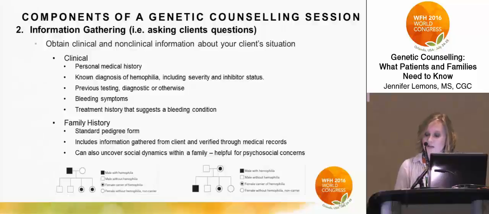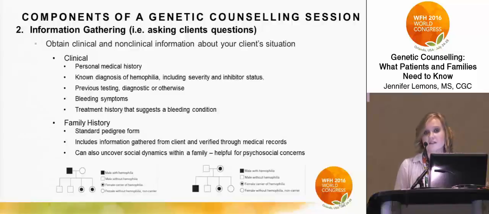And then there's the family history. We could have a whole day talking about family history. It's a very important part of the entire process. But the best way to gather information for the family history is by constructing a pedigree, which we have a couple examples at the bottom. And there are standardized pedigree methods which are used, and they're found in a couple places like the Journal of Genetic Counseling, or in a genetic counseling book called A Guide to Genetic Counseling by Wendy Ullman.